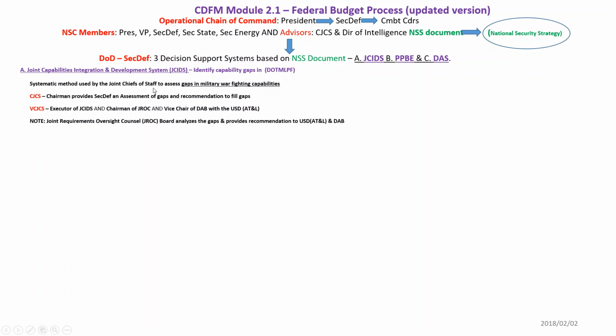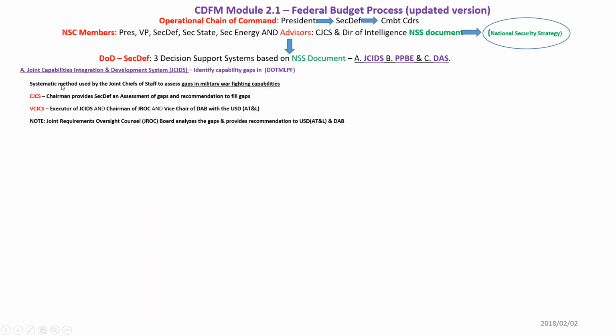So let's not forget one of the primary advisors up here, the Chairman of the Joint Chiefs of Staff. So under the chairman, you have Joint Chiefs of Staff for the services. Army has one, Navy, and so forth. So that's what we're talking about.